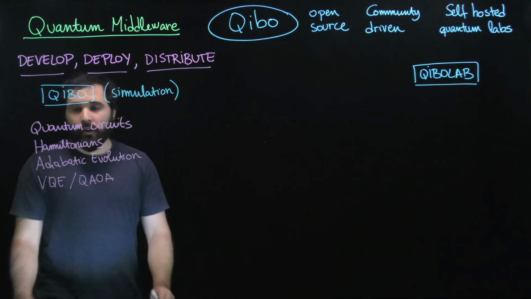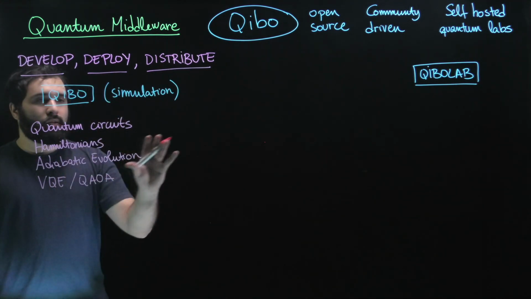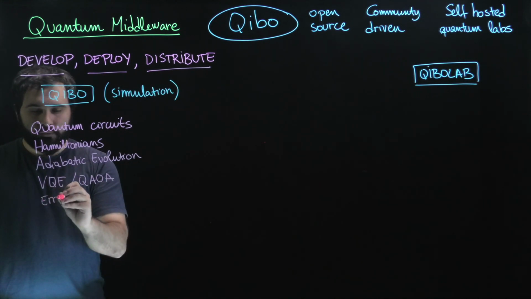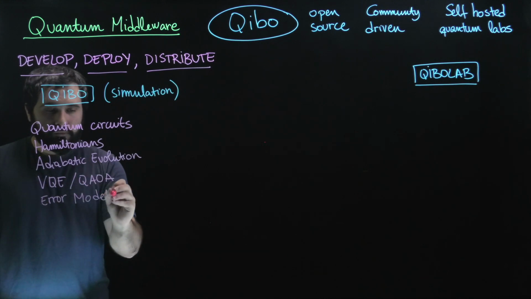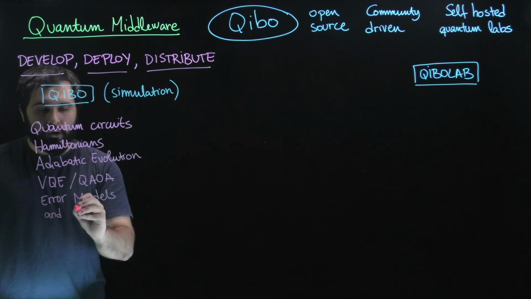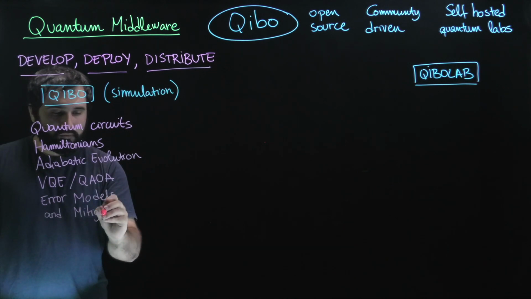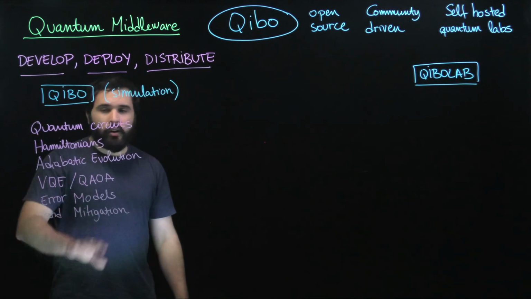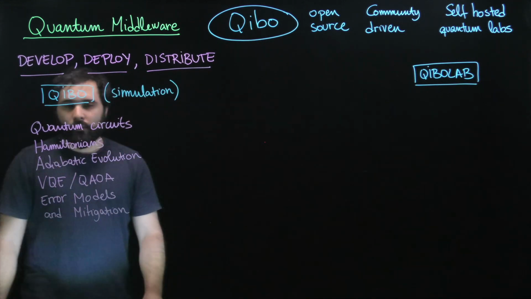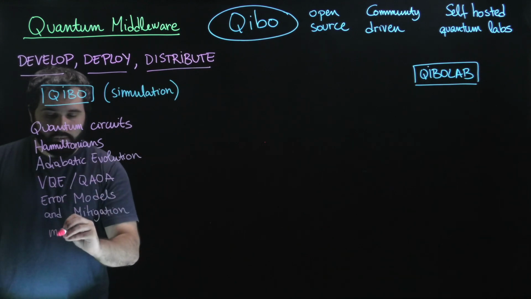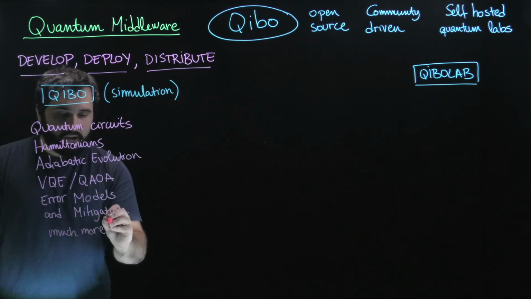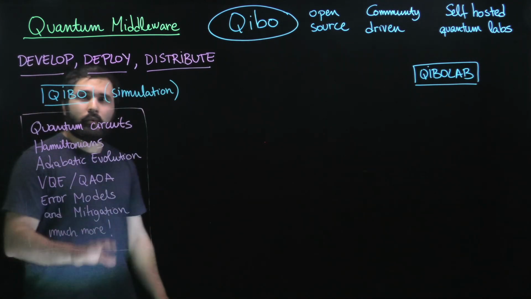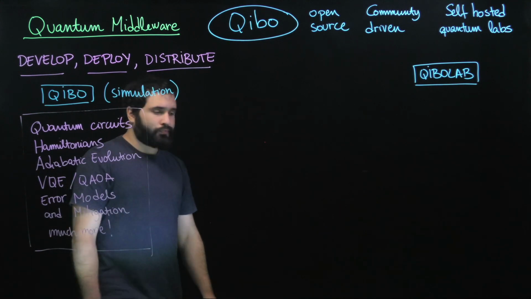And there's also error models to simulate what would happen on this deployment on actual quantum machines, and also error mitigation techniques to alleviate some of those effects. And those are just a brief listing of much more that can be found within the simulation part of Qibo.